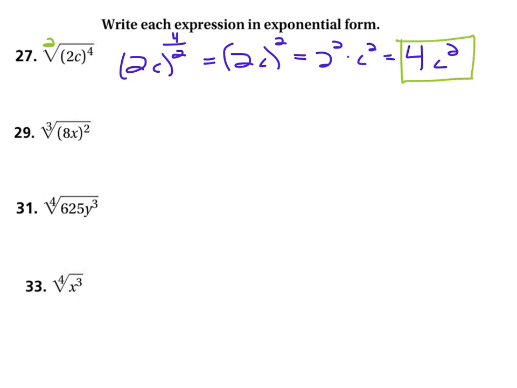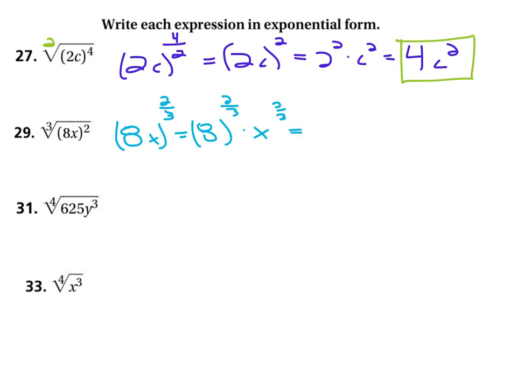Okay. For the next one, we've got our base of 8x. We are raising it to the second power, that's the numerator, and we are cube rooting it. That's that. And so we can give each piece of it, 8 can get that 2/3, and x can get that 2/3.